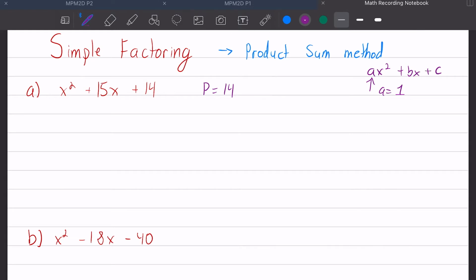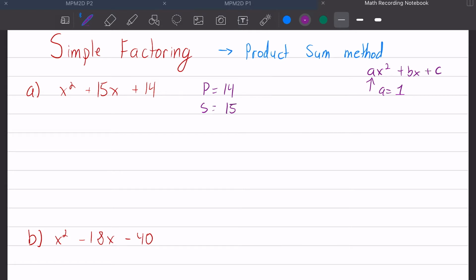Our sum is when we add the outside using our FOIL, so that second thing that we do, and then the inside. That is our sum, so that's going to be our middle term right here. So our S here is 15.